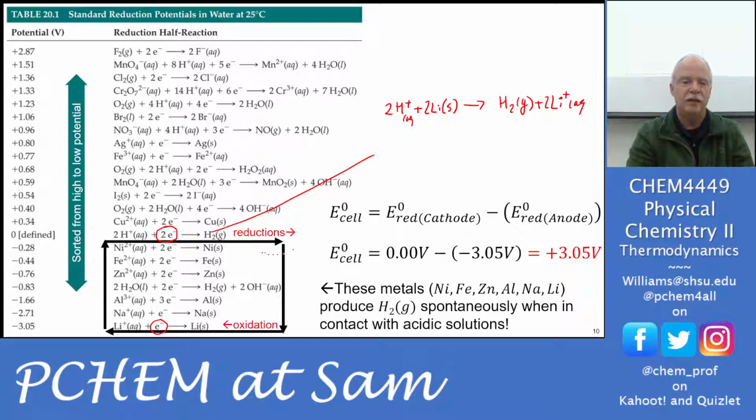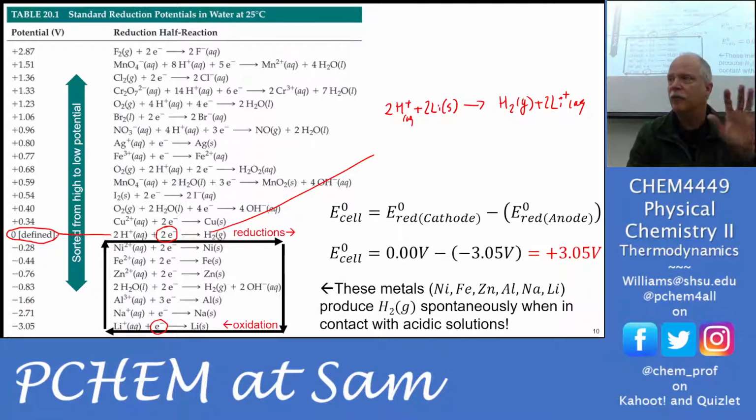So I've taken, and this is actually the standard definition of reduction potential. Remember when we had the thermodynamic tables, we had to have a reference point, and we said elements in their standard states, room temperature, 1 atmosphere, have an enthalpy of formation of 0, and then everything else was relative to those.